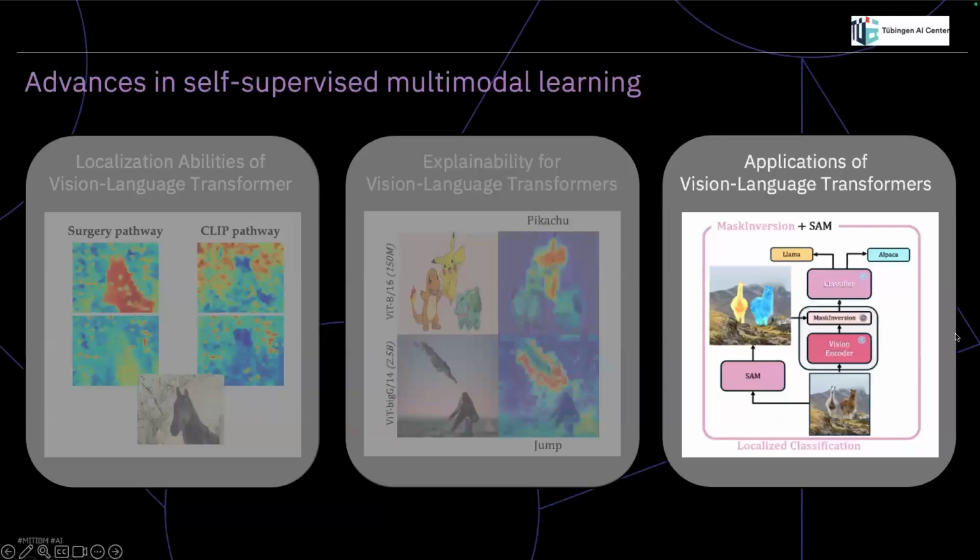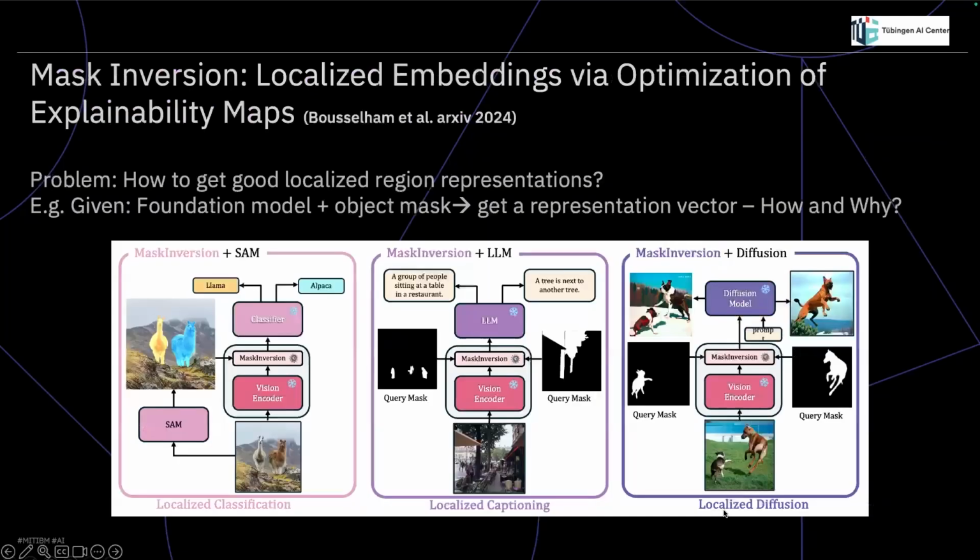Now, the cool things that you can do with those models. For that, I brought you a paper called Mask Inversion, currently available on arXiv, that takes all those ideas and plays around with them in a very interesting way.